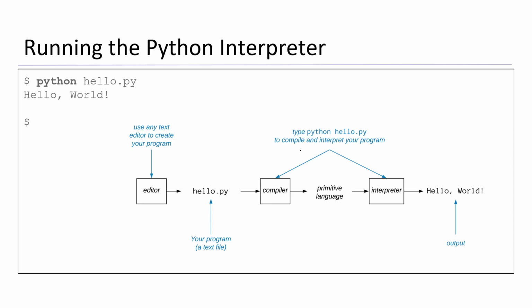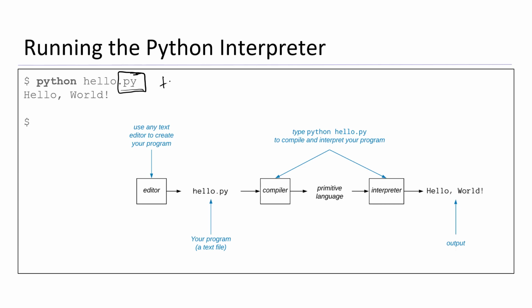The other way to run Python code is to put all your code in one file, for example, hello.py. You need to note the extension. You need to make sure that the extension is .py, especially if you're working with Windows. Although this is not necessarily a strict requirement, we prefer that you keep all your Python code in a file with the extension .py.